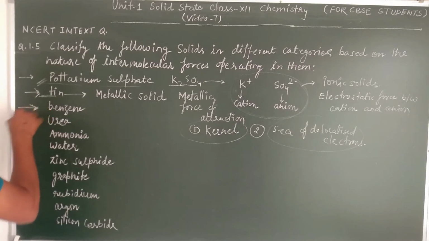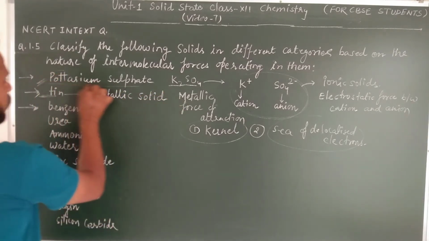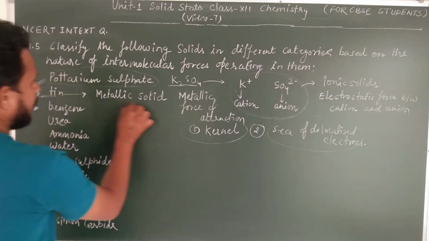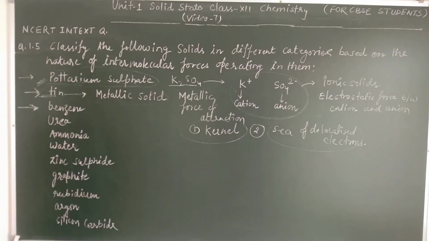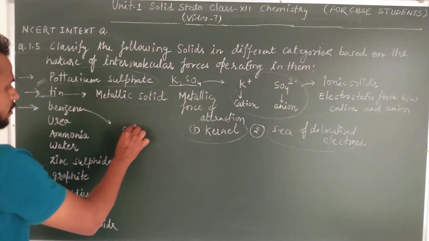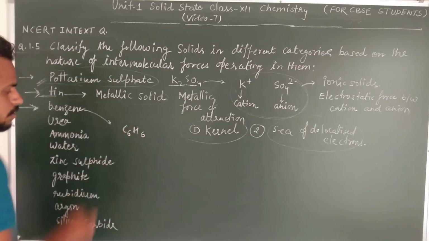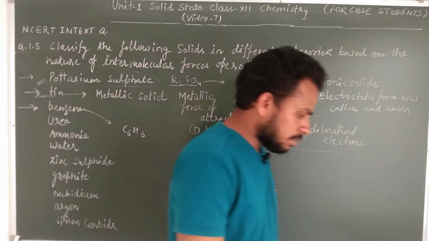And this is an ionic solid. Second is a metallic solid. If we talk about benzene, formula is C6H6, benzene.